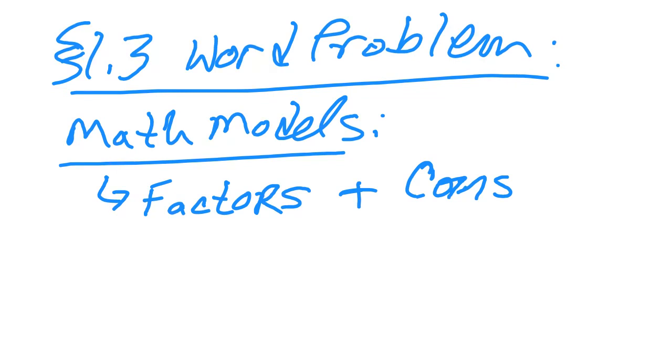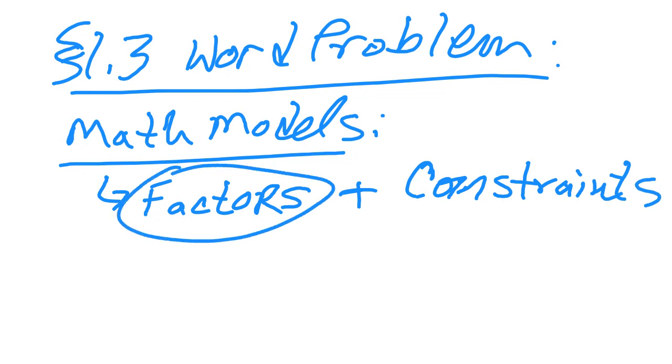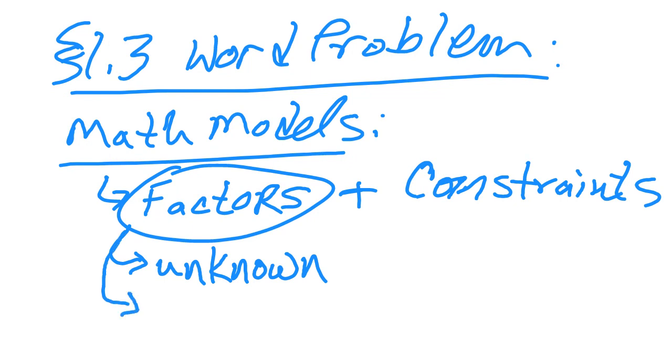And then what does that mean? Factors are the unknowns. So usually we label variables, right, in the math world. Unknowns. What don't you know that you want to know? If I don't know the length of a rectangle, I can call it L. But if I don't really care what the color of a car is, I don't need to label it. So labeling variables is what we're going to do for factors.